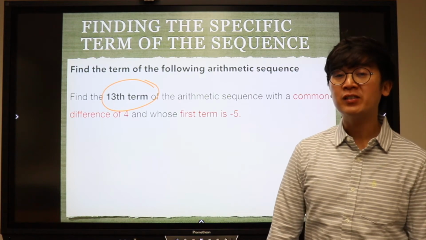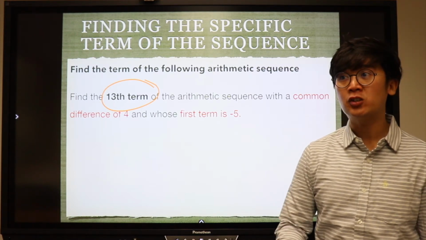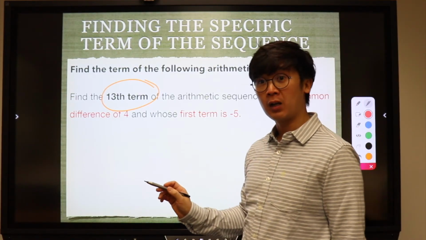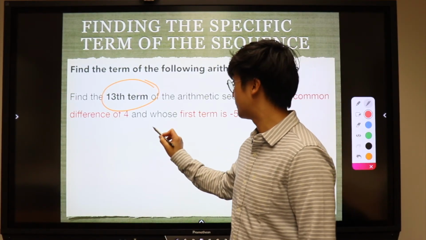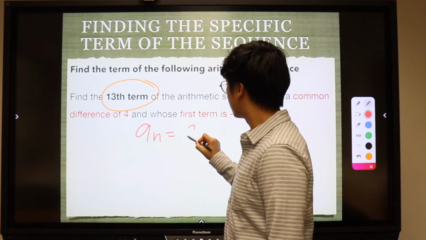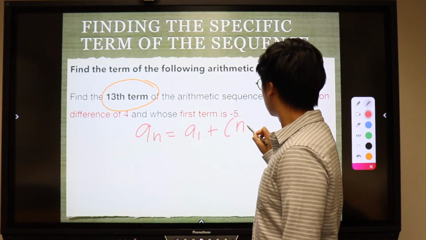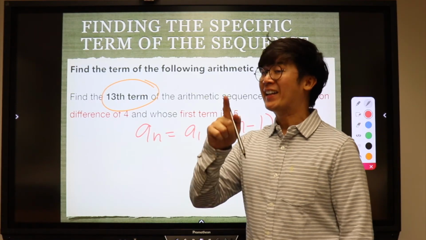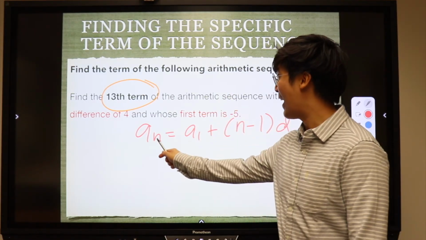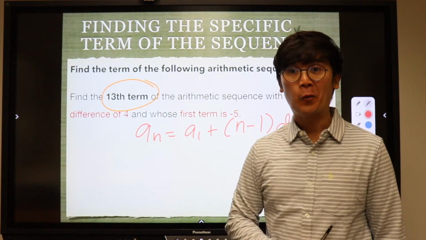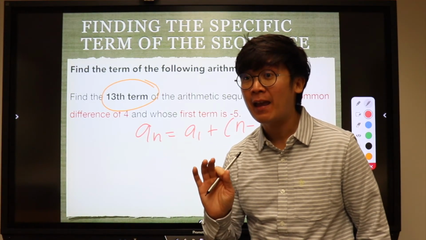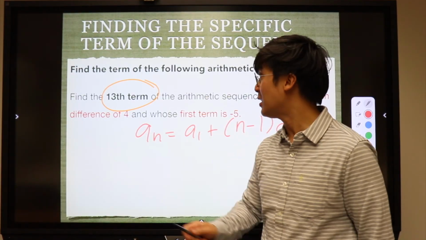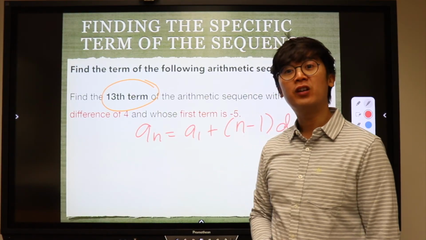So again, every time you are asked to solve a problem using sequences and series, write the formula of the arithmetic sequence. So the n is 13. Now the n will be replaced with a specific number, because now it's not the nth term, it is the 13th term.